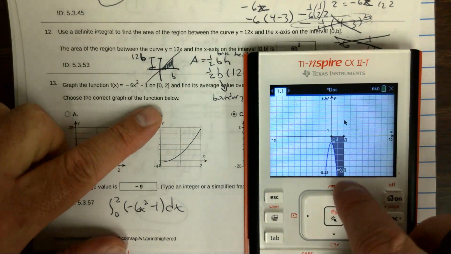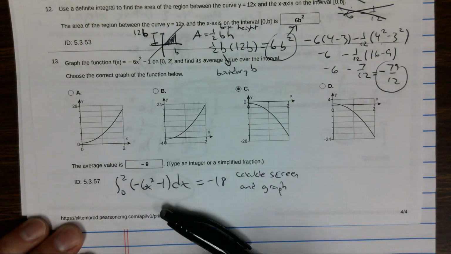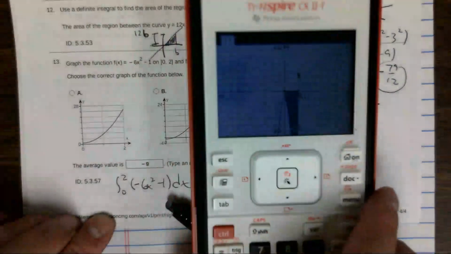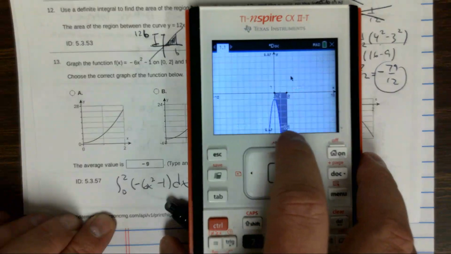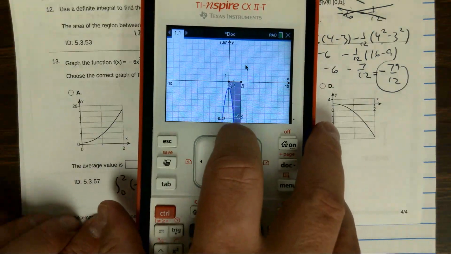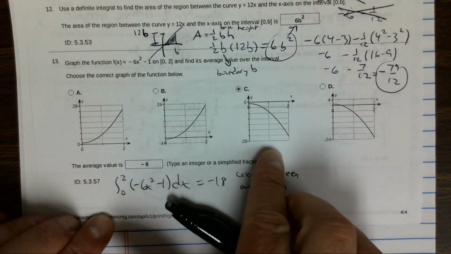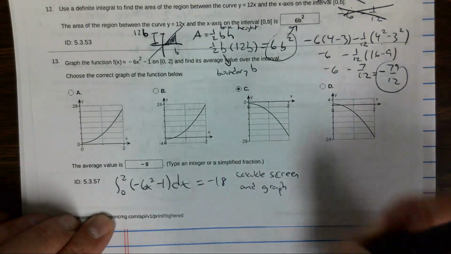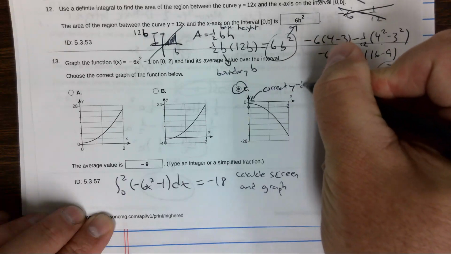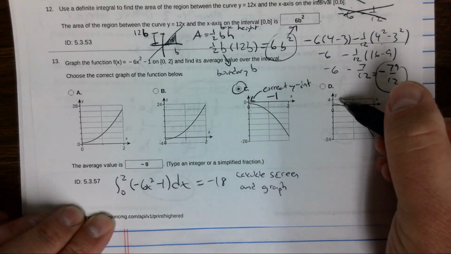So again, I get negative 18. So that was both from the calculate screen and the graph to get negative 18. Now, based on the picture, you see it's slanting down, and so you want the one that's slanting down that has the correct y-intercept, which is negative 1. This one looks like it'd be 1.